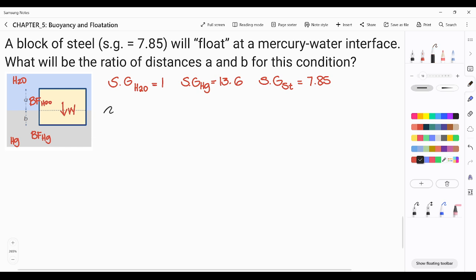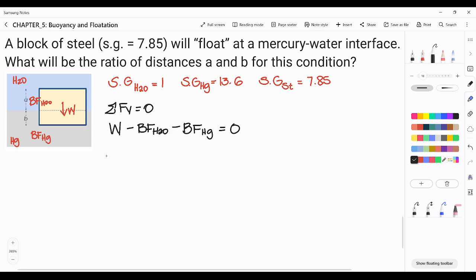Summing our forces in the vertical direction, summation of vertical forces, we will have the equation assuming na pababa is positive. Weight of the steel block minus buoyant force ng H2O minus buoyant force of our mercury is equal to 0, kasi nakalutang yung steel block natin sa mercury and water.